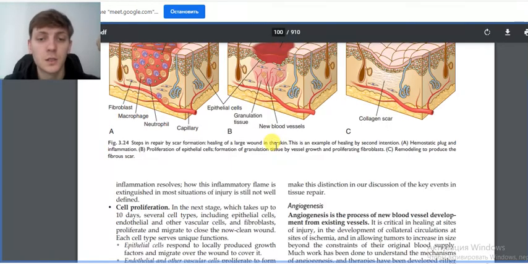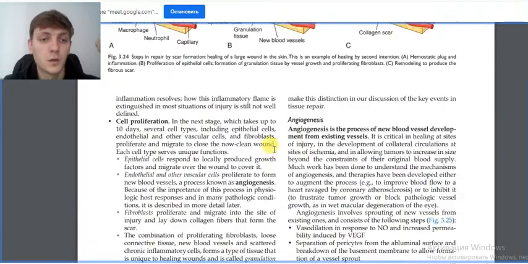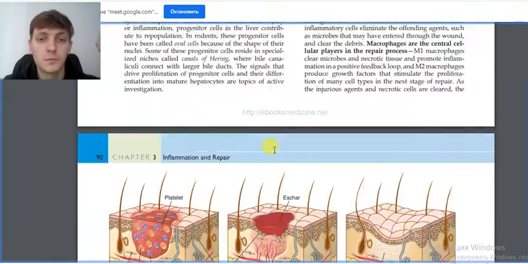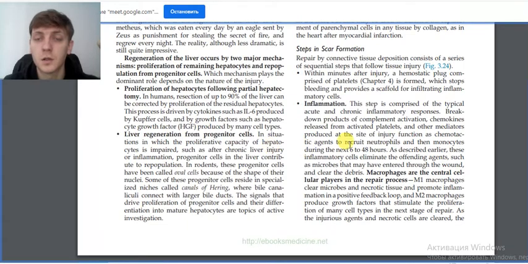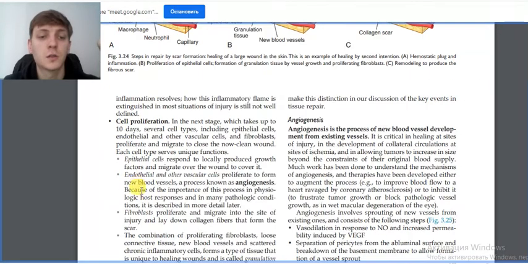Okay, let's talk about the sequence of scar formation. First of all, it's inflammation. In inflammation, macrophages are activated and cause cell proliferation. Which cells are proliferated in this part? For example, epithelial cells, if it is possible.